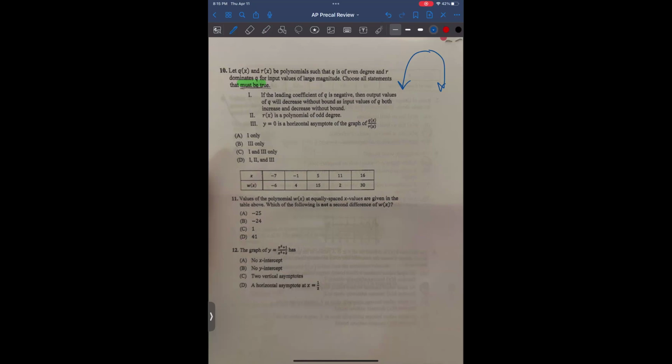We can agree with that? And an even degree function with a negative is a reflected one, meaning it's going to go upside down. So whether it's a quartic or quadratic, it's going to go in the same direction, right? So to me, one sounds like it would be right, correct? Yes. Okay, I agree. I think one checks out. One looks good to me.